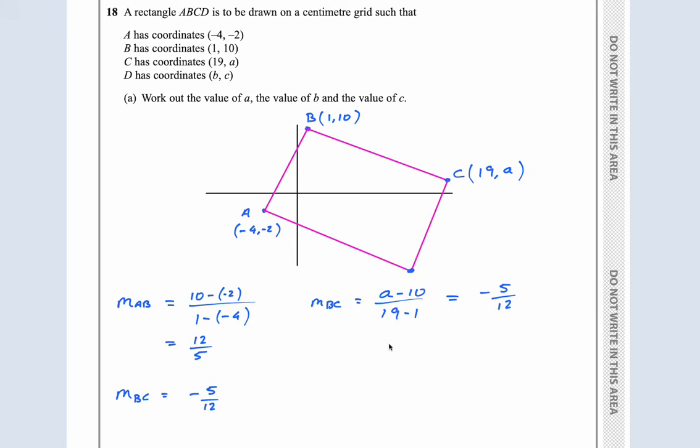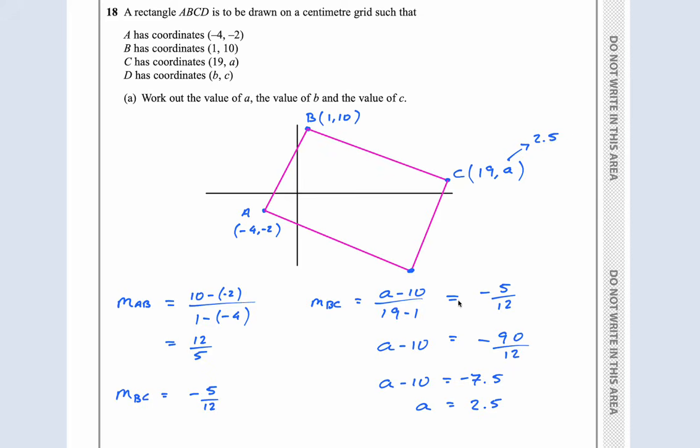So now I can say a minus 10 equals 19 minus 1 is 18, and 18 times negative 5 is negative 90. So it's negative 90 over 12, guys, use your calculator, is actually negative 7.5. So a is equal to negative 7.5 plus 10, which is 2.5. Okay, so a is 2.5.